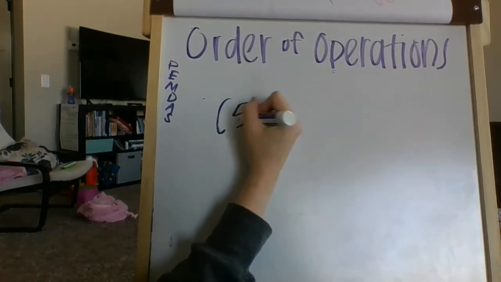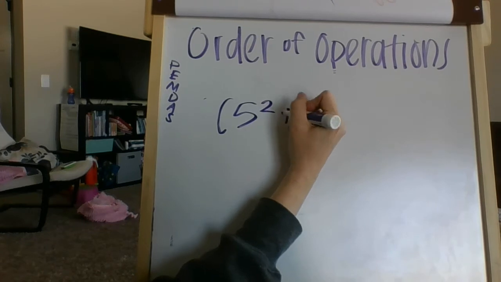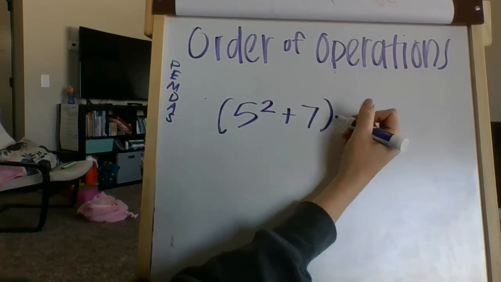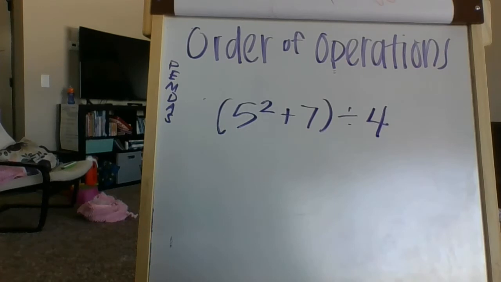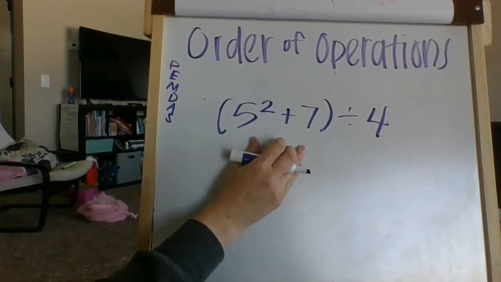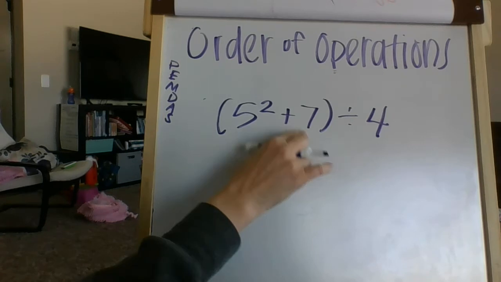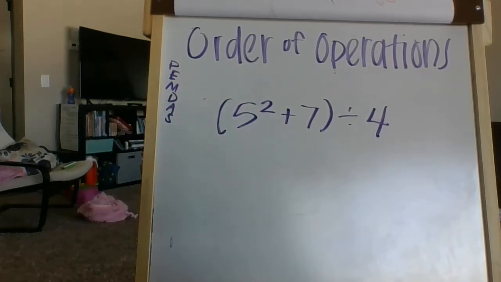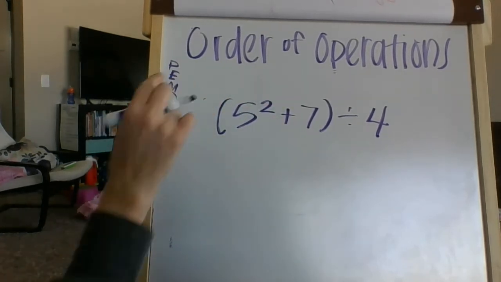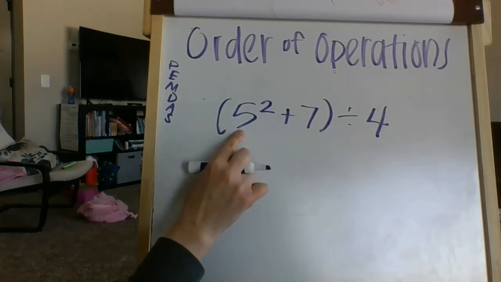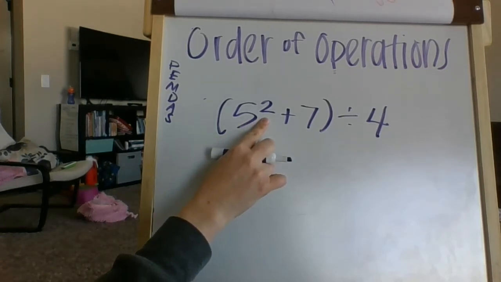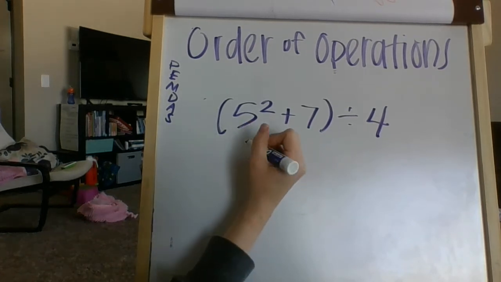All right, next example. In parentheses, we have 5 squared plus 7, and then divided by 4. Now, we need to take care of our parentheses first, but then within our parentheses, we also need to take a look at our PEMDAS again. So here, we need to take care of our exponents first before our addition. 5 squared is the same thing as 5 times 5, which is 25.